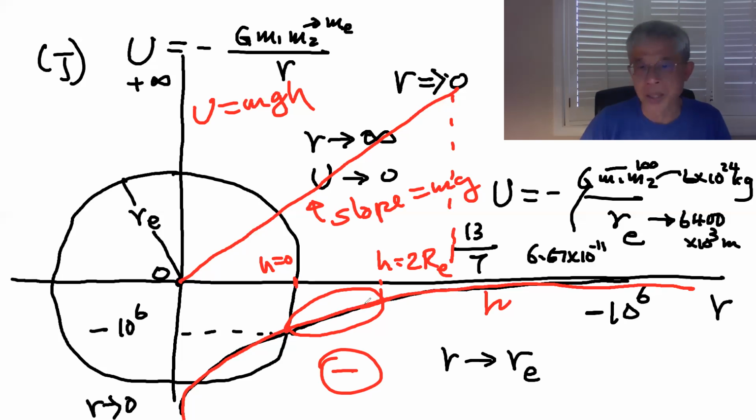The trend is right, but it's not quite a line. It will be a curve if you do it correctly. So this is just an approximation for U equal to mgh. That's all we have, the local and the global gravitational potential energy. Thank you.